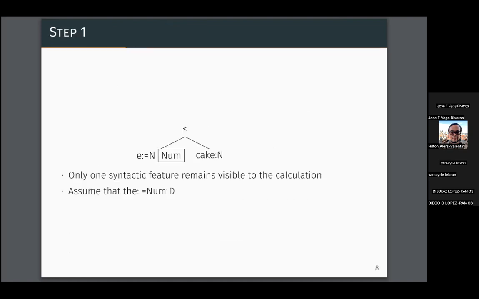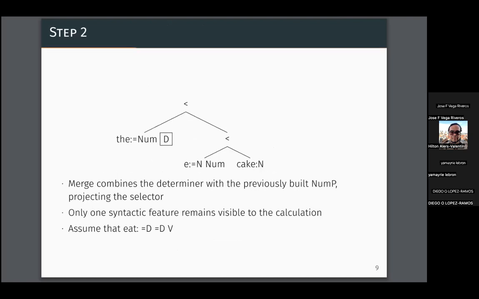Right. So just to give you an example of what we just mentioned, merge, that's what we do here. So what is going on here?